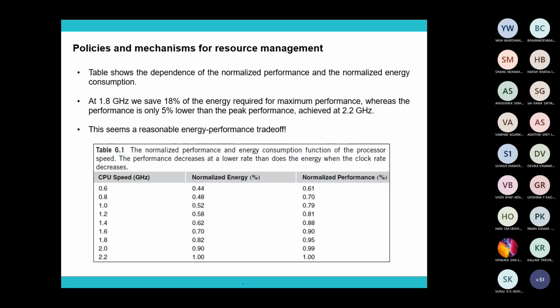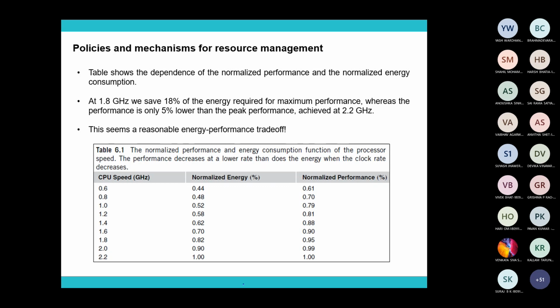Now this table shows one example, where the first column represents the CPU speed in gigahertz, that is 0.6, 0.8, 1, 1.2, 1.4, and so on. The second column shows energy consumption.